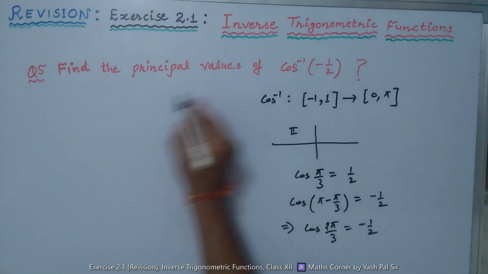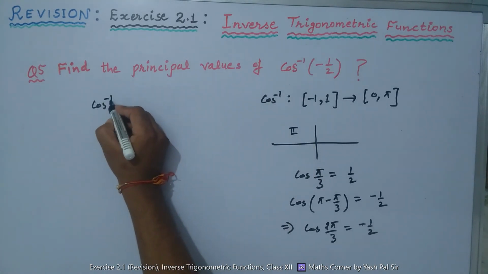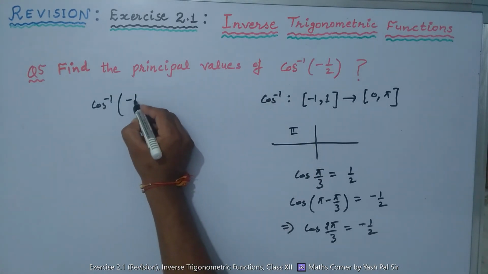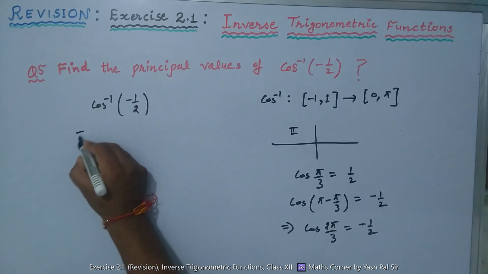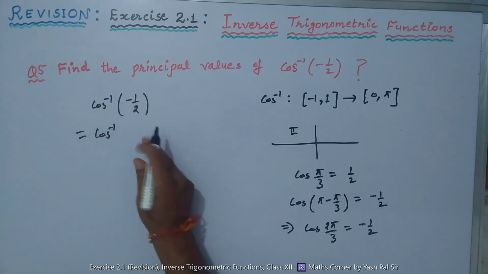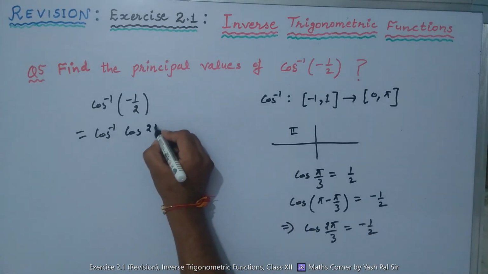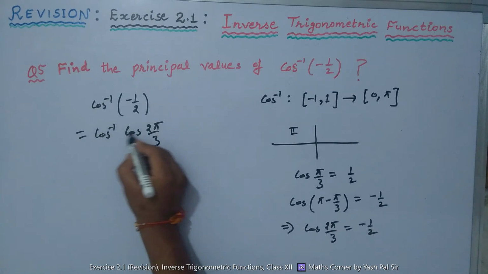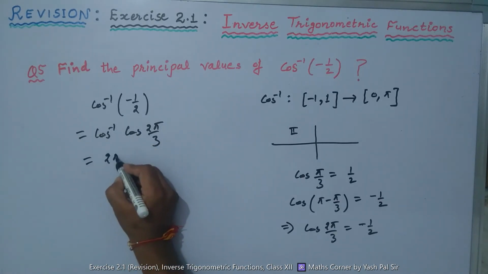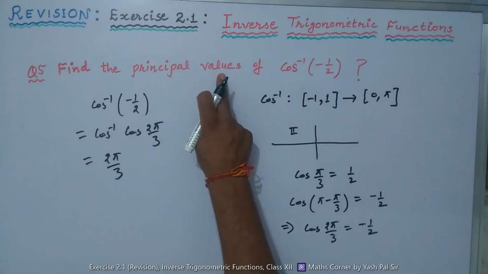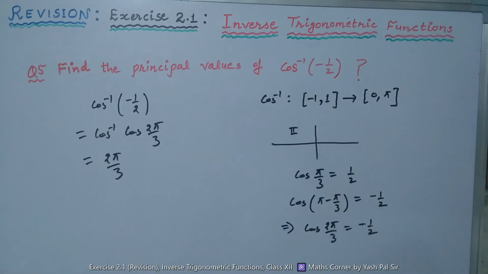So what is the question? The question is cos inverse of minus 1 upon 2. So cos inverse of minus 1 by 2 means cos of 2 pi upon 3. This gets cancelled. So 2 pi upon 3 is the principal value of the given function.